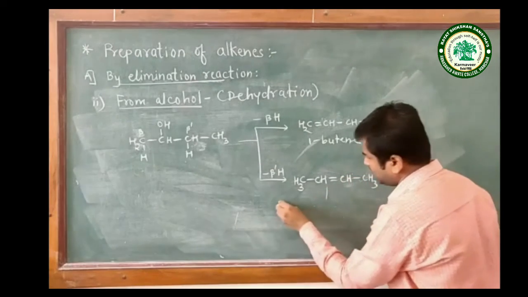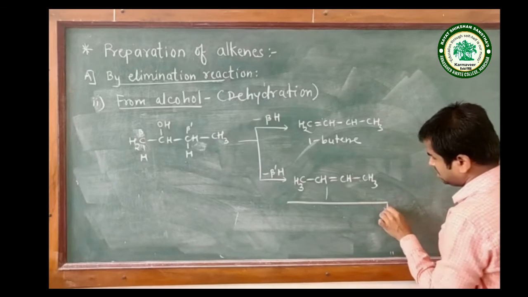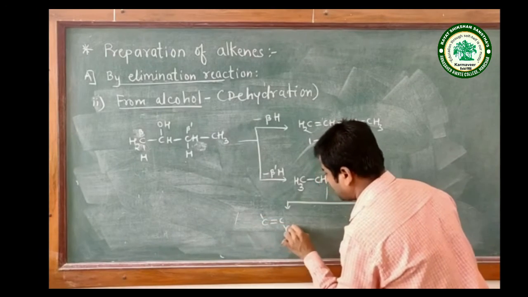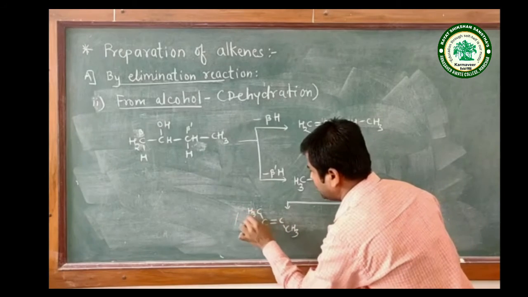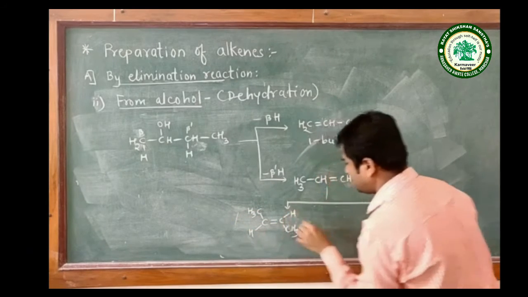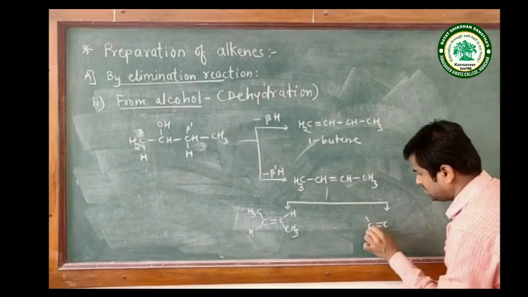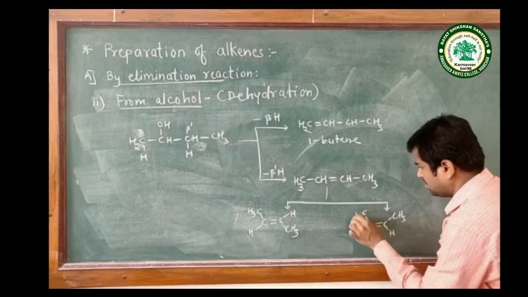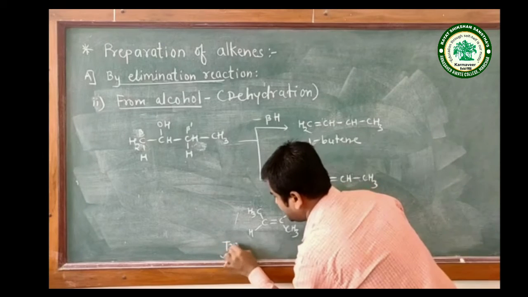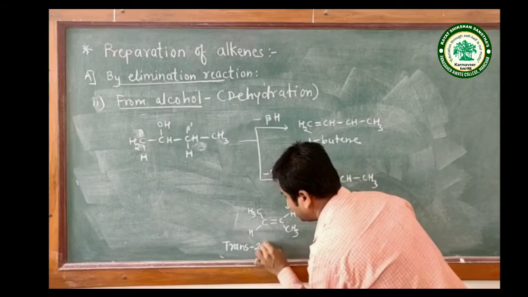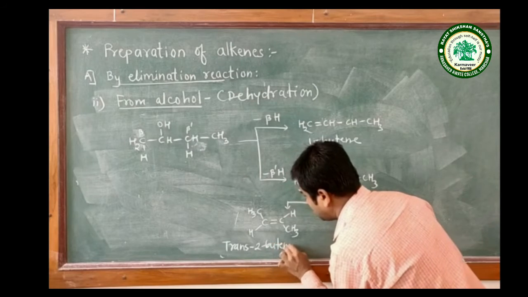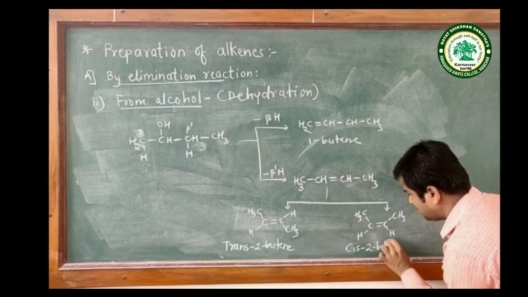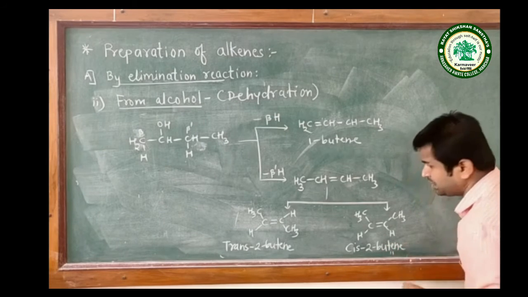And 2-butene has two isomers, that are trans-2-butene or cis-2-butene. This one is trans-2-butene and this one is cis-2-butene.